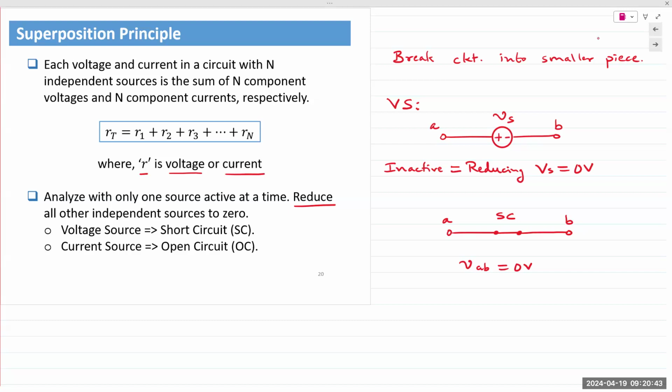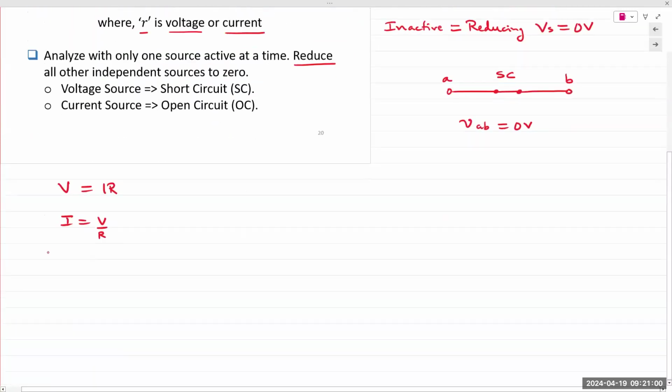So conceptual question, why does a short circuit cause that to happen? It's a simple explanation. V equals IR, so I is V over R. What is the R for a short circuit? 0 ohms, right? So if it's 0 ohms, what is I?